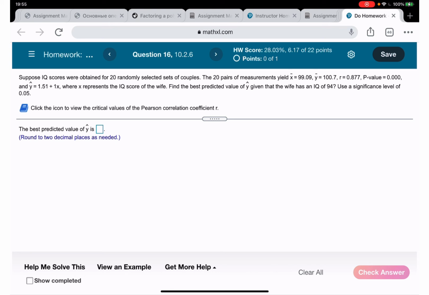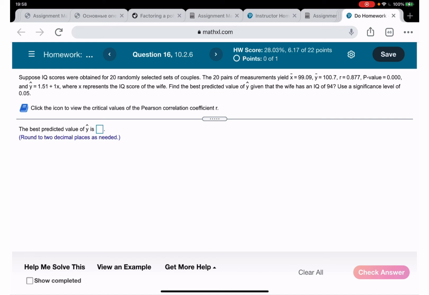0.05. So this one, we are not going to just copy and paste. There's a prediction value, just like we did in the previous one. Here we are going to do some math. It's asking for the Y bar predicted value given that the wife has an IQ of 94.